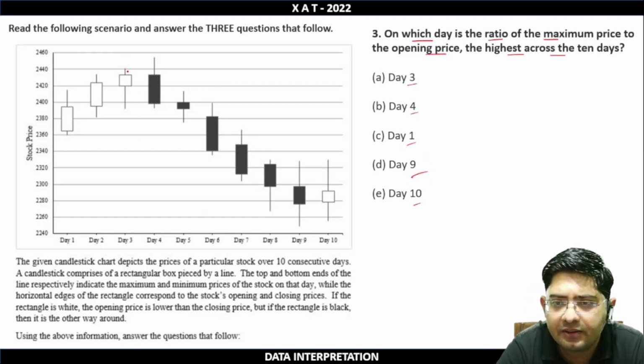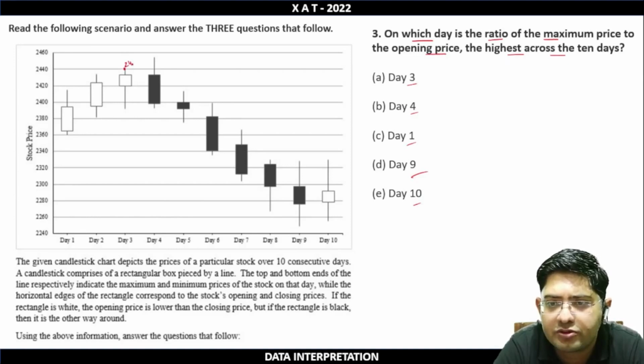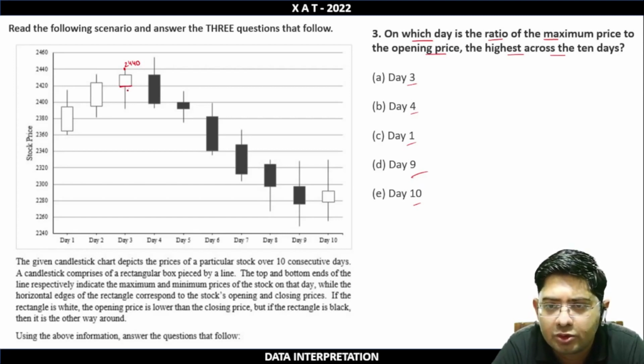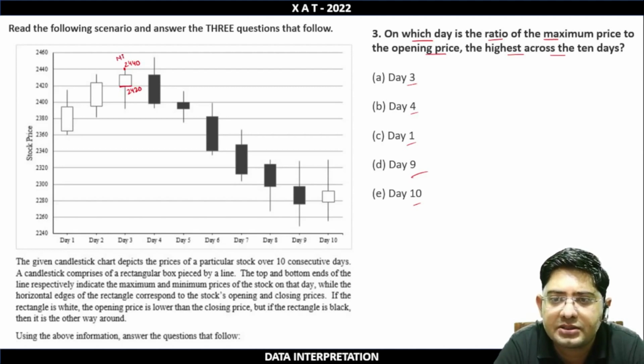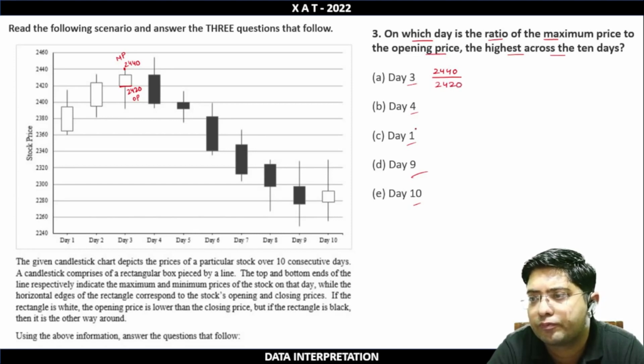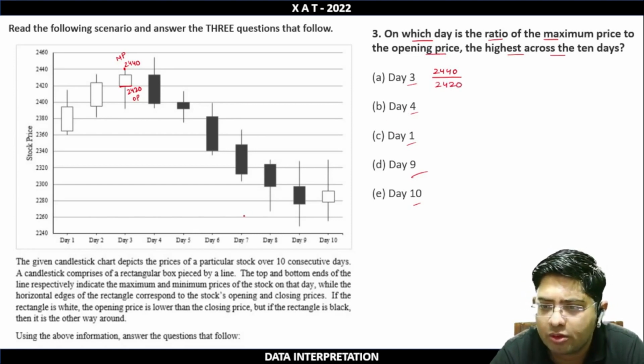So day 3, maximum price is 2440, and the opening price is the lower horizontal bar because it is a white candlestick. So that is 2420. So that is the maximum price and that is the opening price. So the ratio will be 2440 over 2420. Now next is day 4.